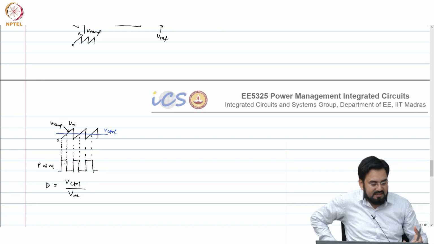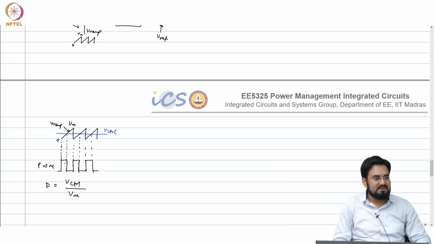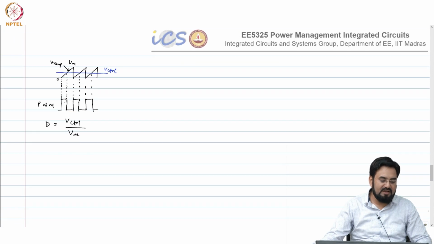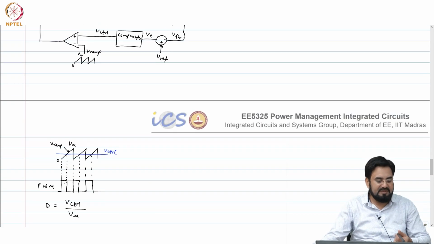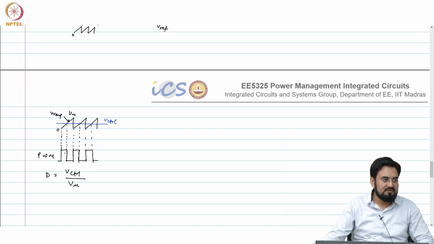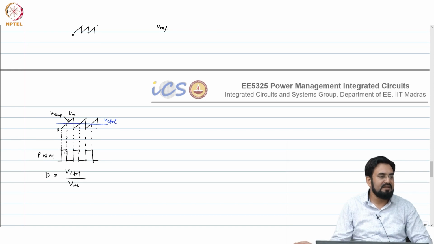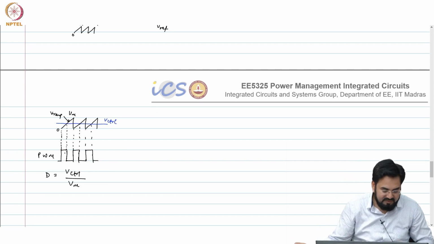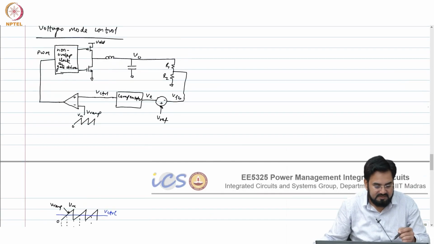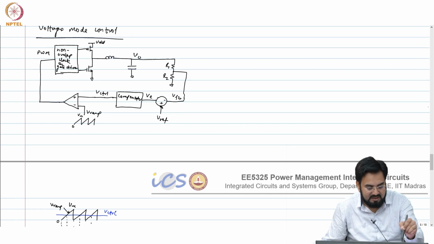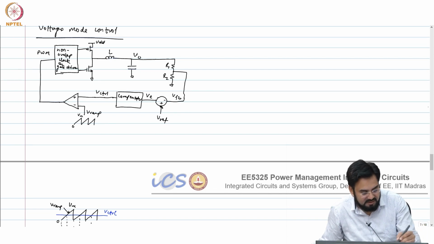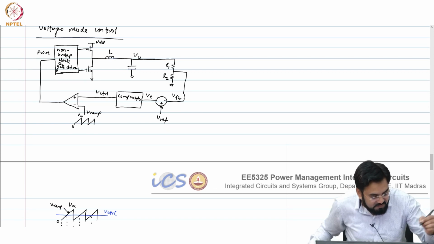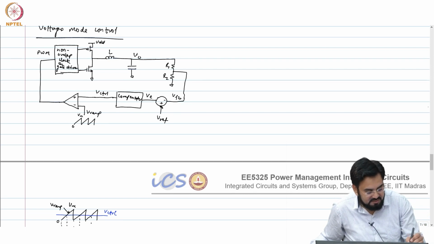So in terms of duty cycle, it's this. When you model your PWM, that's how you define it. The gain will be 1 over Vm for that. We'll see when we model the small signal. We have to model each and every stage. We model the power stage and this PWM modulator, or PWM generator.